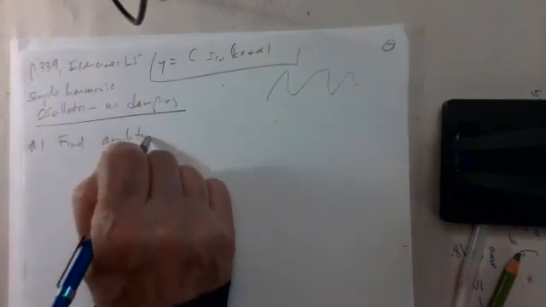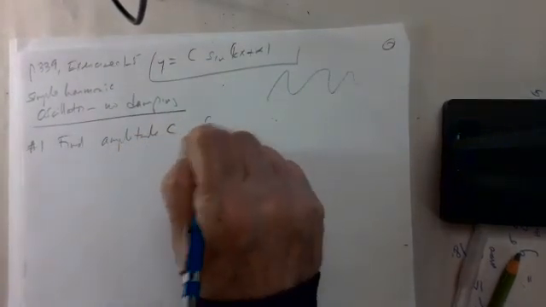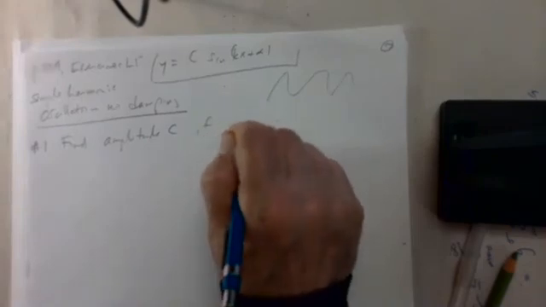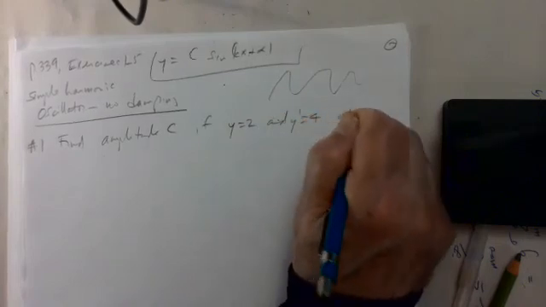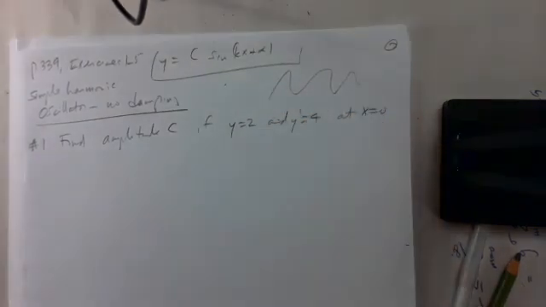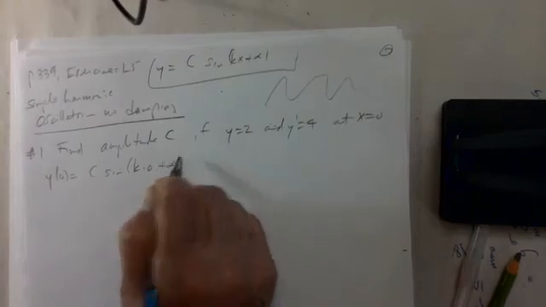So in problem number 1, we have to find the amplitude C if y equals 2 and y prime equals 4 at x equals 0. Well, y of 0 is c times the sine of k times 0 plus alpha.